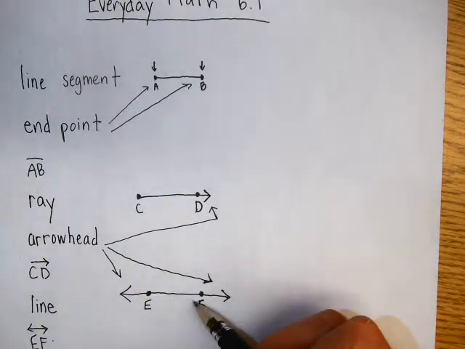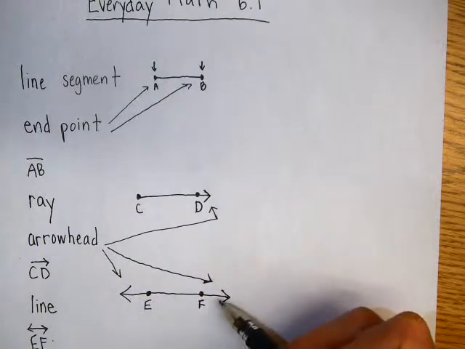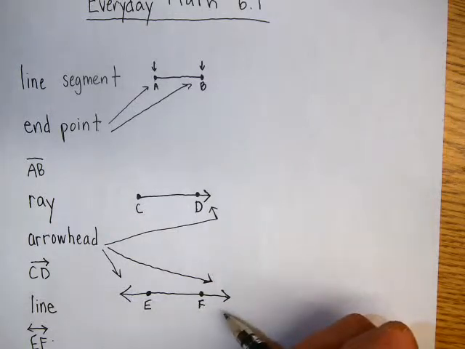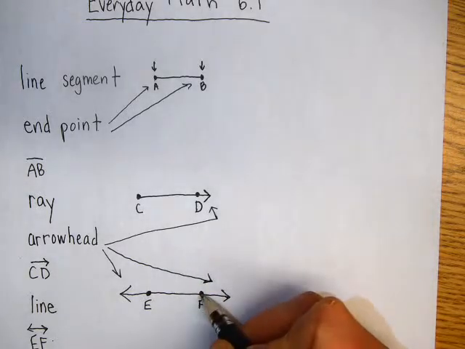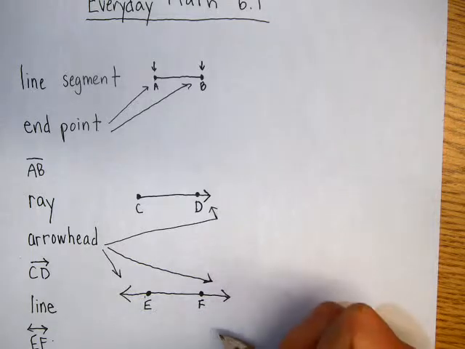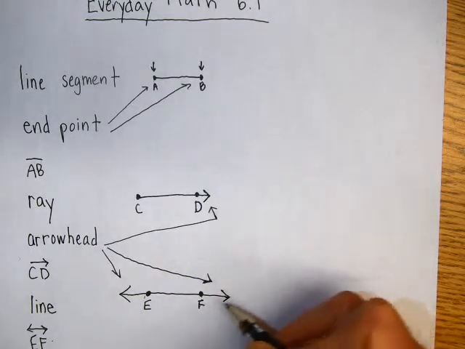A line will have points along it, but it's not going to have definitive endpoints because a line just keeps extending. So it would be sort of like if you stood out by your mailbox and you looked in both directions going down the road and you just imagined it kept extending forever. You could plot mailboxes, so you could say your mailbox is E and your neighbor's mailbox is F, but still it's going to continue and continue and continue.